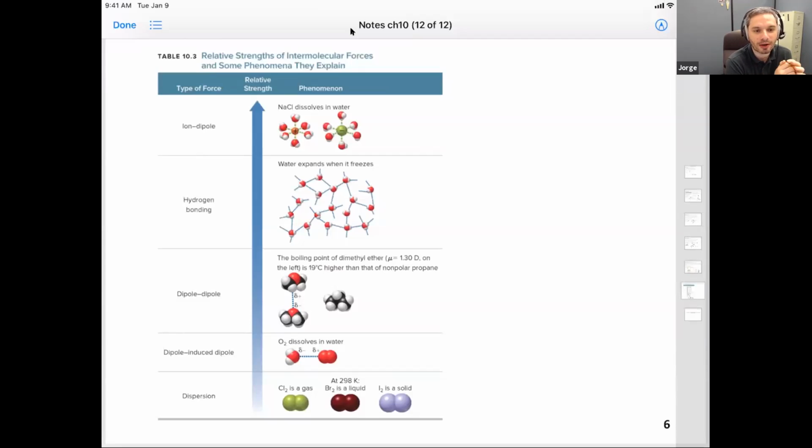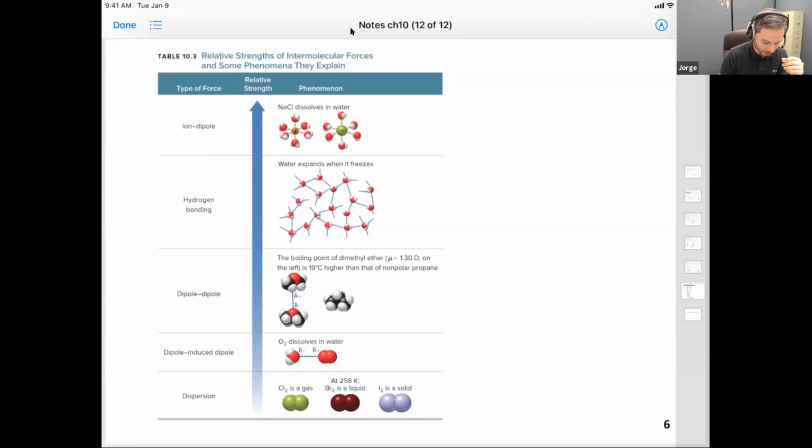But then here we have ion-dipole, hydrogen bonding, dipole-dipole. We can have dipole-induced dipole, interaction between a polar and non-polar molecule, and then dispersion forces, which is the interaction between non-polar molecules. And see here how the size strongly affects the dispersion forces.